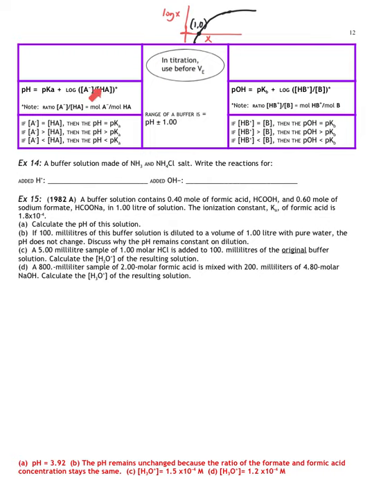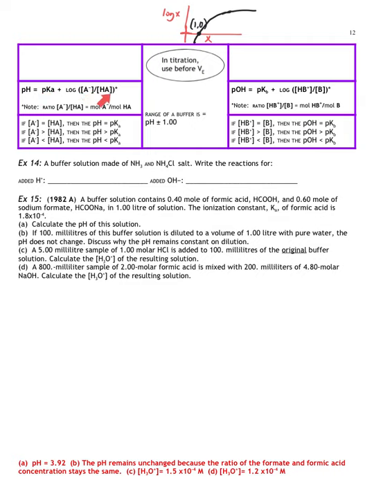Now, if HA is greater than that of A minus, so you're seeing this scenario play out, your ratio is going to be less than 1. Log of x is going to be a negative value, and with that negative value, you're going to subtract. Your pH is going to be less than that of your pKa because you're adding the negative value to the pKa.